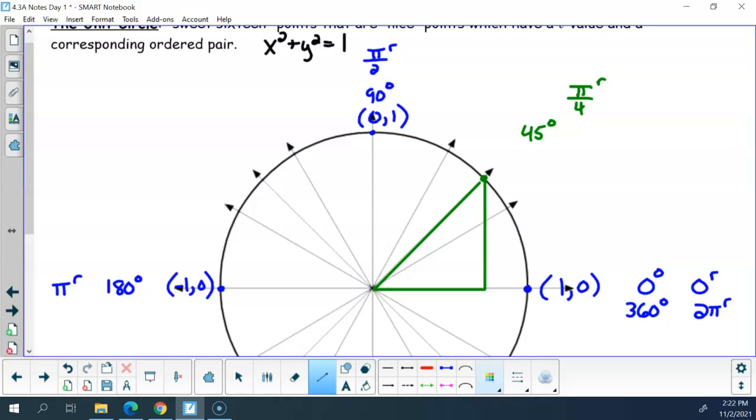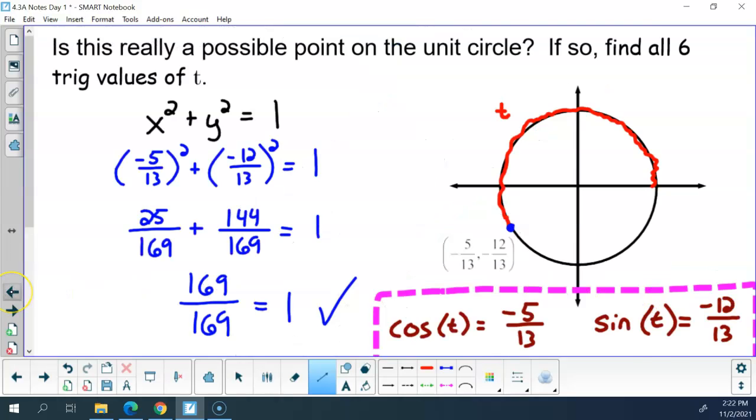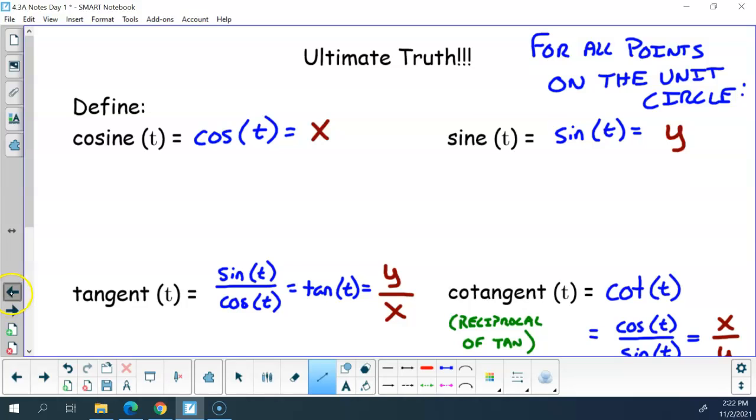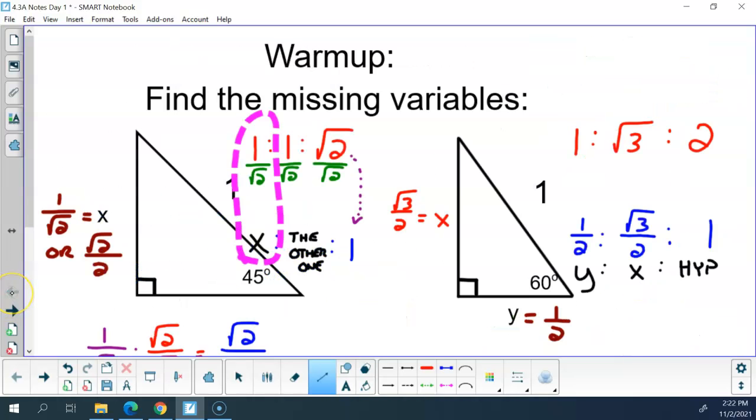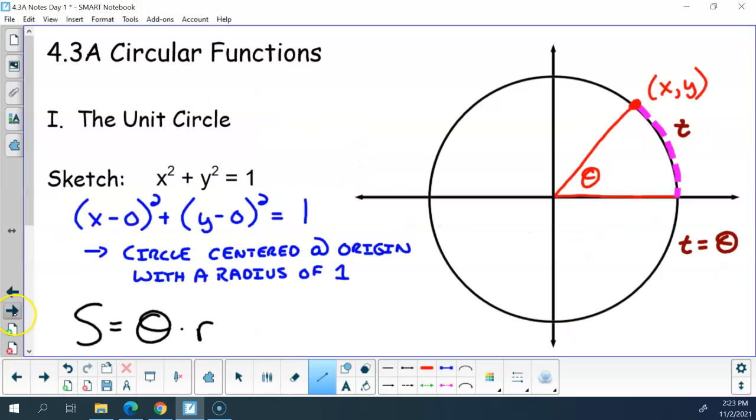It's almost as if we did this before. So what are the side lengths then? 1 over the square root of 2, or more importantly, square root of 2 over 2.